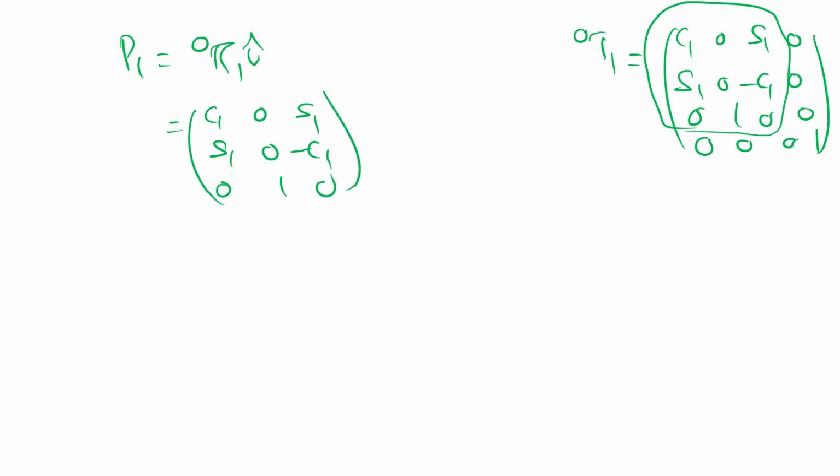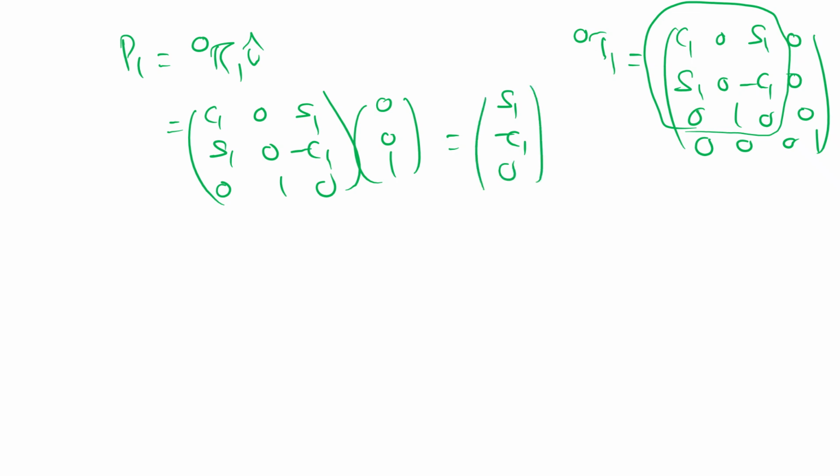Multiplying by the unit vector 0 0 1, we get S1, minus C1, 0. So this is my P1.